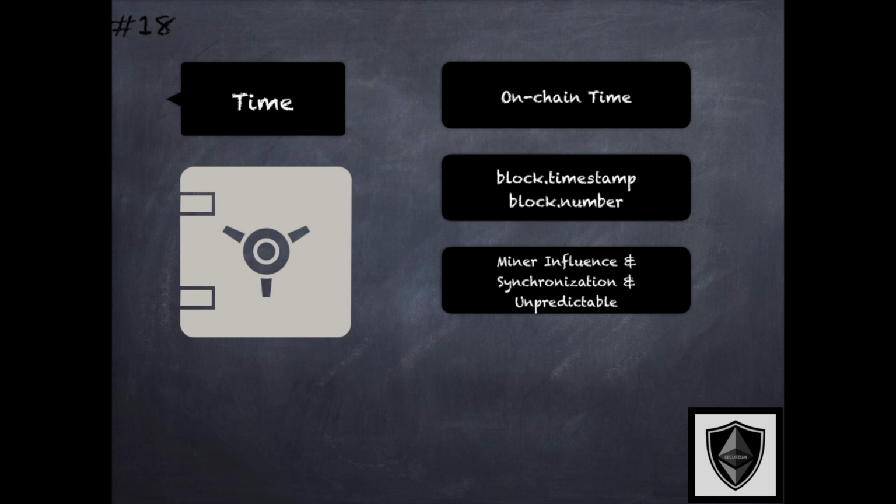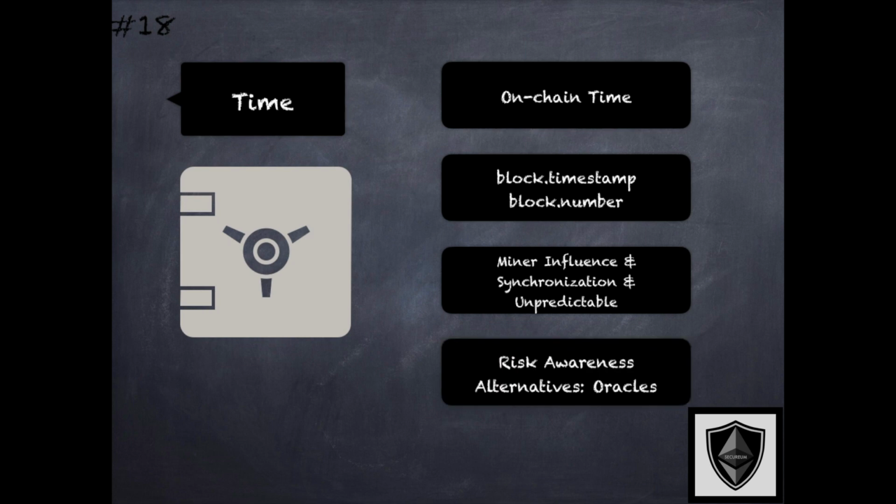There are issues with synchronization across the different blockchain nodes, and there are also aspects of the block times that change by a certain degree over time. This is again a risk that needs to be paid attention to, and there are some alternatives to this using the concept of oracles that I would encourage you to read more about.